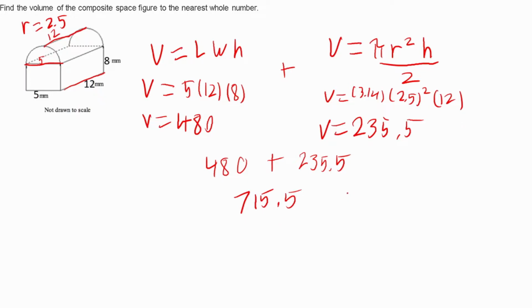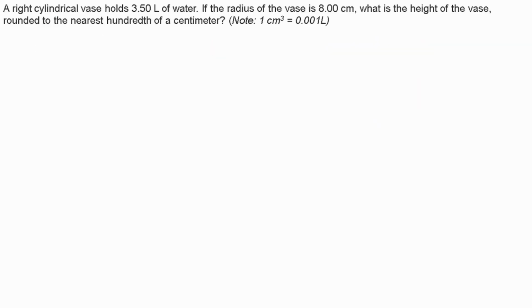And if we have our units, it's going to be millimeters cubed. Boom. There's our answer. So we're just taking the two volumes, one of my bottom rectangular prism and one of my half cylinder, and we're adding them together.